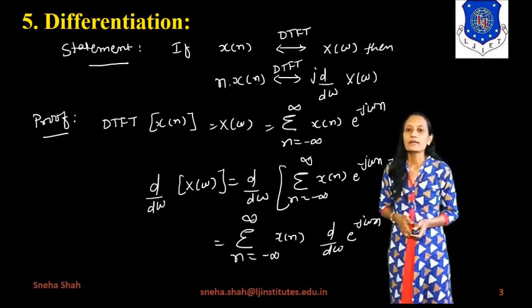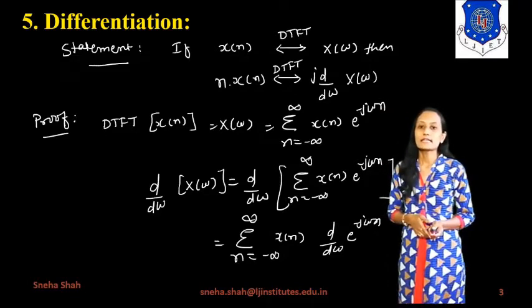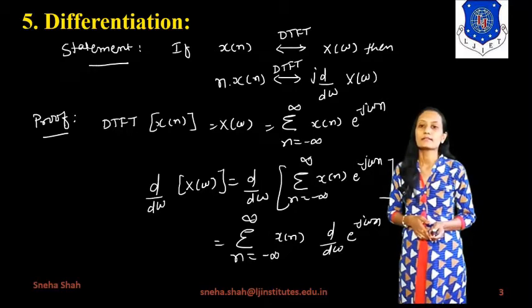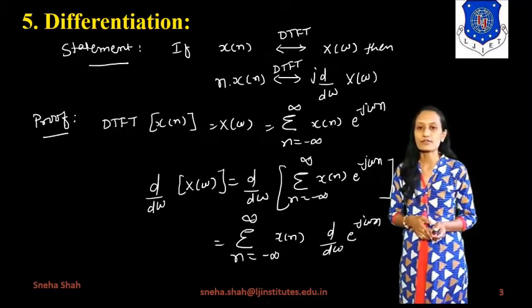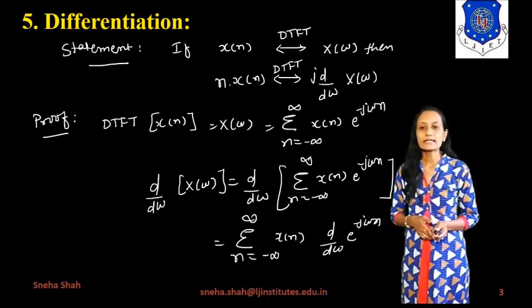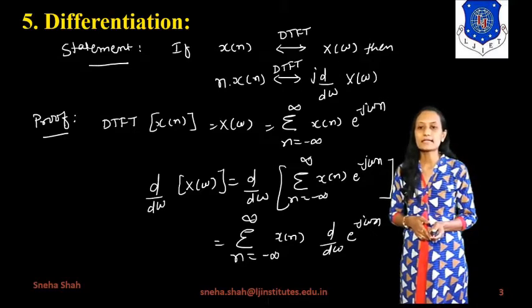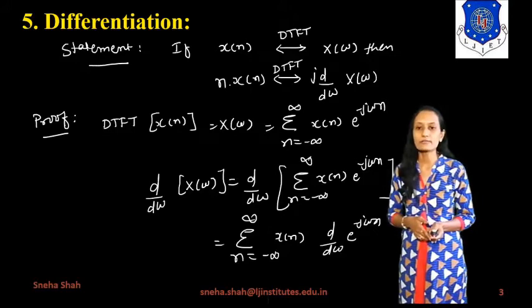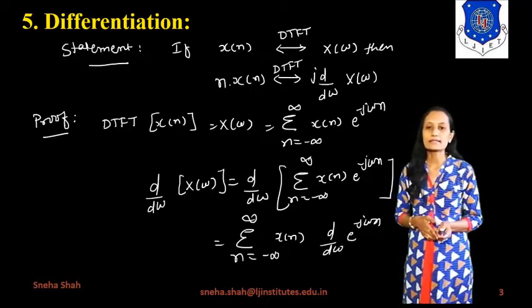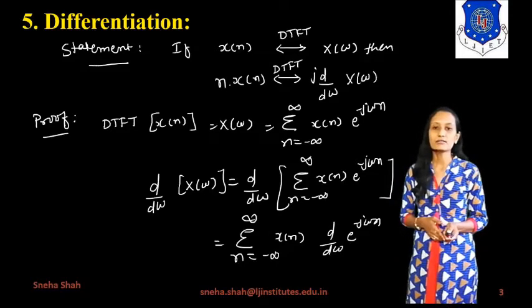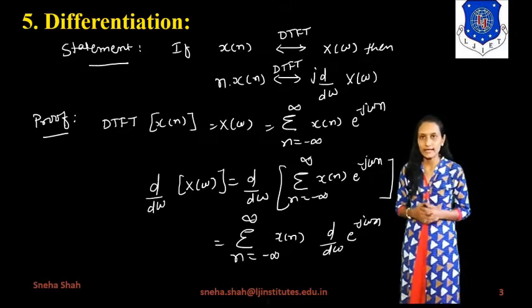Now we have to take this term d by d omega X of omega. If we take differentiation on both sides, d by d omega X of omega equals d by d omega summation n equals minus infinity to infinity x of n into e raised to minus j omega n.